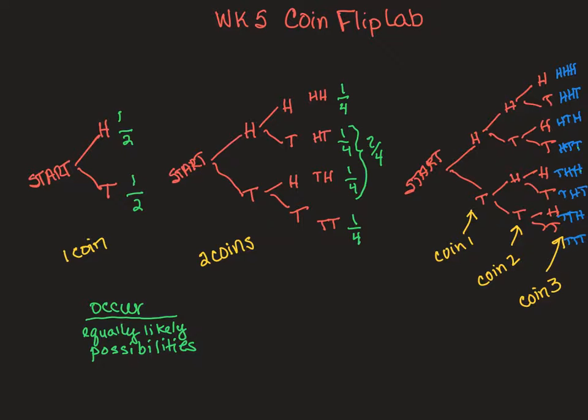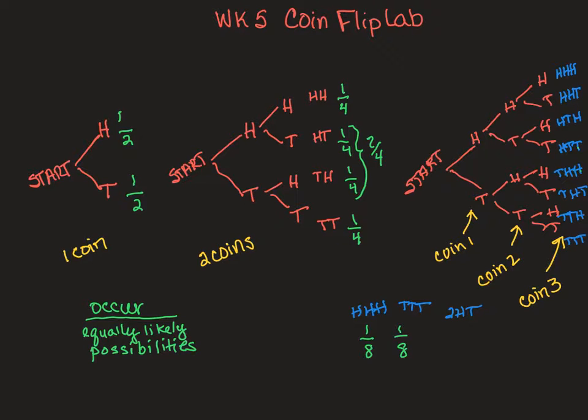So to get 3 heads, that's going to be 1 out of 8, because I have 8 possibilities and I only got that once. And to get 3 tails, I got that only 1 time, so that's 1 out of 8. Now I have another mixture. Regardless of the order, where did I get 2 heads and a tail?